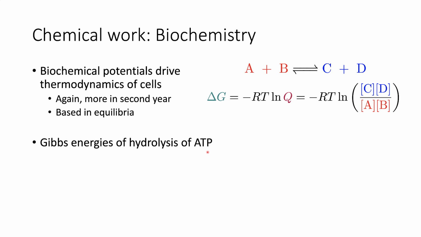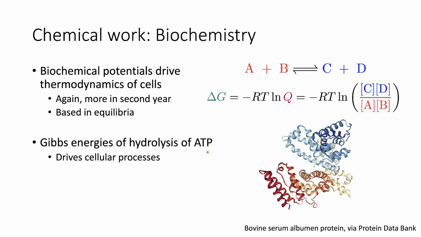The hydrolysis of this releases a lot of energy. It drives cellular processes, this non-expansion work. It can drive protein folding and protein building. It can drive muscular contraction, which in turn provides mechanical work, and many other things. All the processes that go on inside our body rely on this hydrolysis, rely on that Gibbs energy doing non-mechanical work.